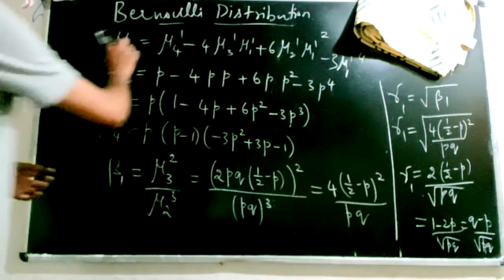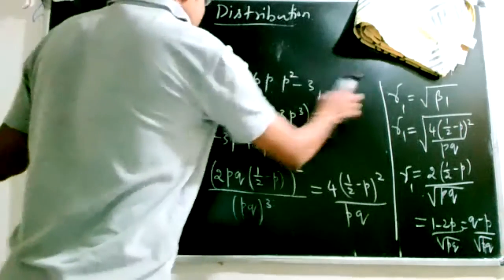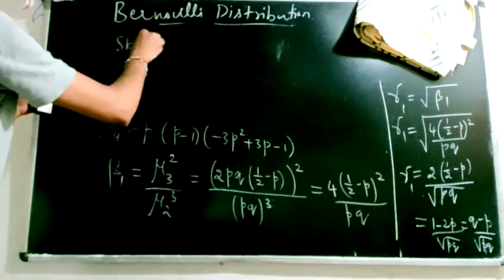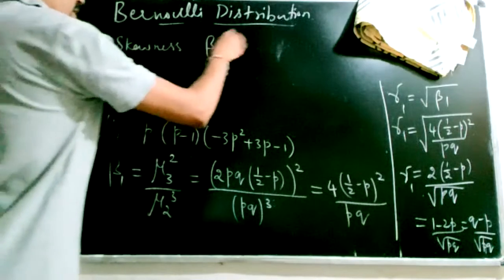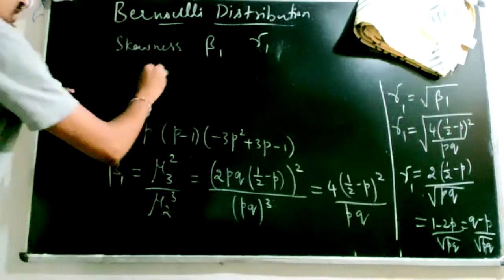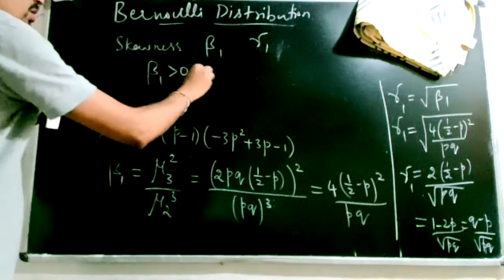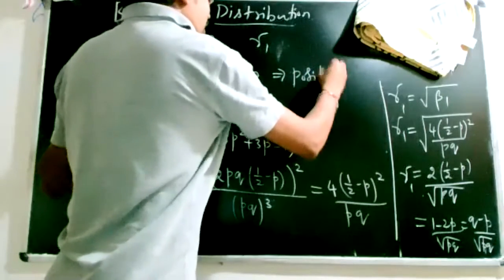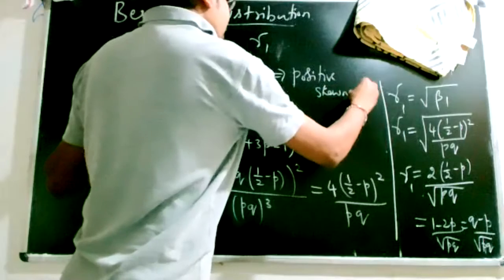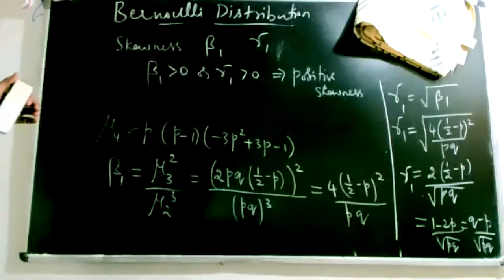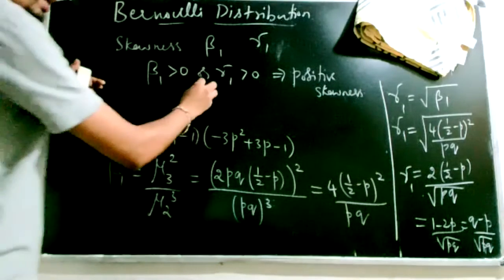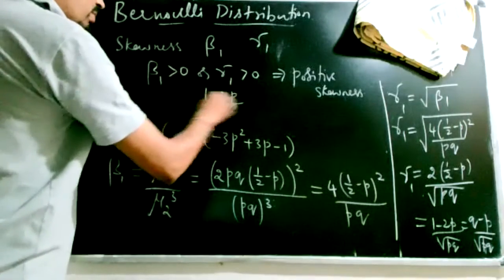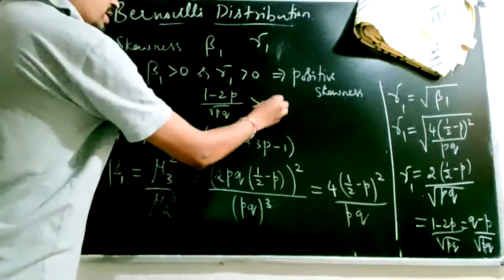Now how to comment on the skewness using this relation. The measure of skewness is taken as beta 1 as well as gamma 1. If beta 1 is greater than 0 or gamma 1 greater than 0, that indicates positive skewness. So 1 minus 2p by root p cube must be greater than 0.